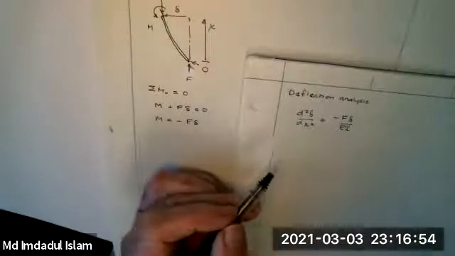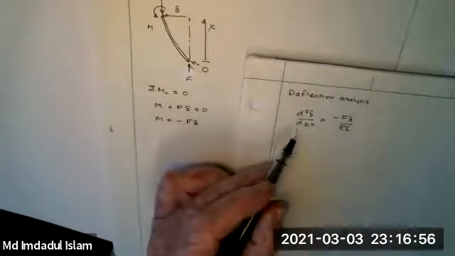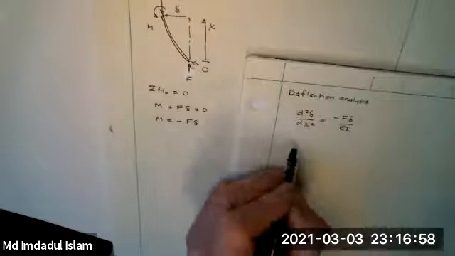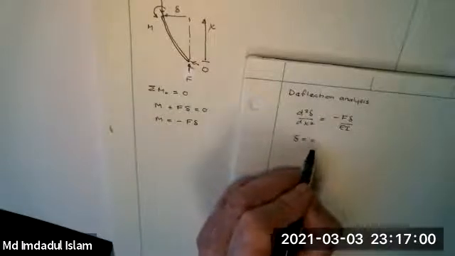This is a second order ordinary differential equation, simply supported. So we're going to have that delta equals 0 at the ends.